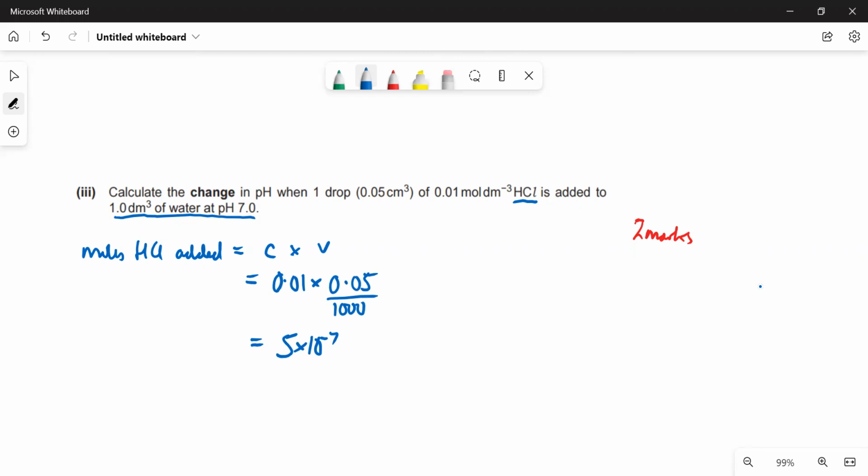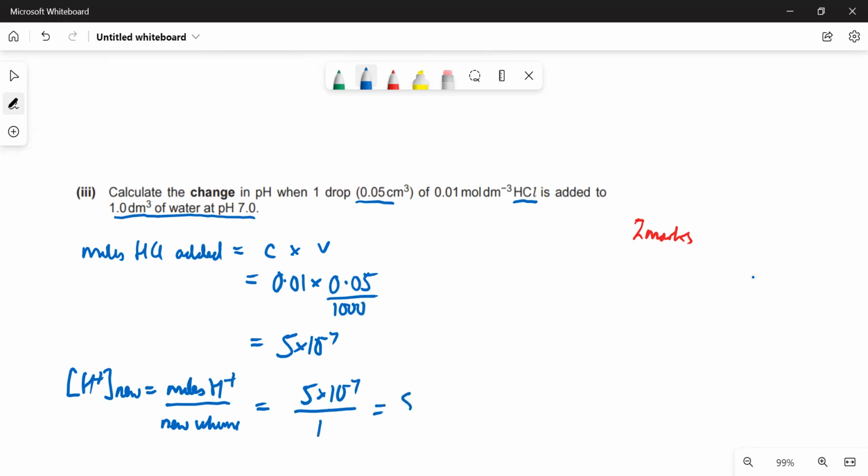Now what they say in the mark scheme is that we should say the new H+ concentration is equal to the moles of H+ divided by the new volume. The volume is 1,000 cm³, 1 dm³, plus that little bit. Well, we can ignore that, and they've ignored that, which I agree with. So that gives us 5 times 10 to the minus 7 divided by 1.